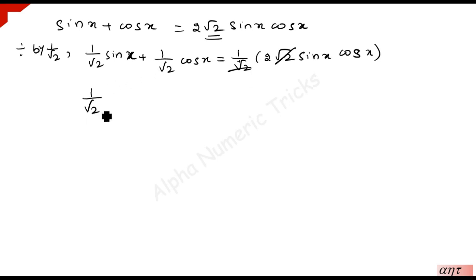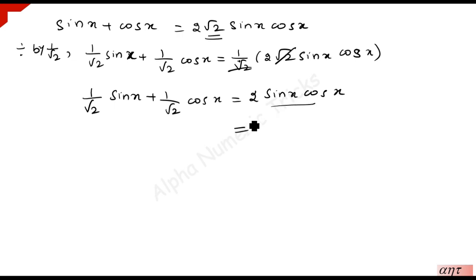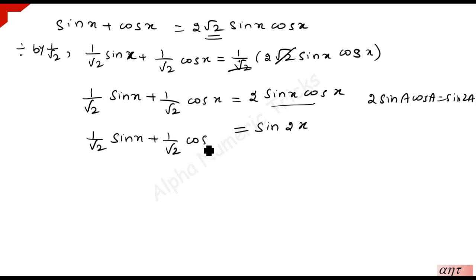So remaining you have 1 over root 2 sine x plus 1 over root 2 cosine x is equal to 2 sine x cosine x. This term can be written as sine 2x, since you know that 2 sine A cosine A is equal to sine 2A. This is the formula we have. So 1 over root 2 sine x plus 1 over root 2 cos x is equal to sine 2x.